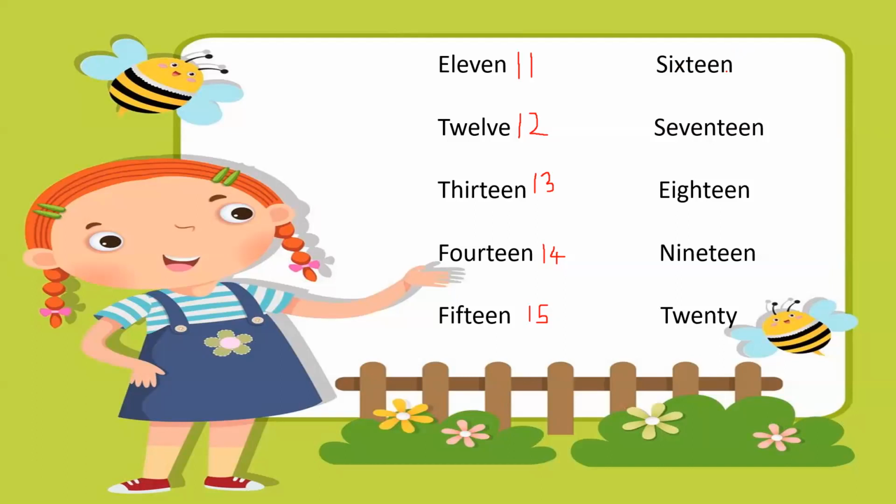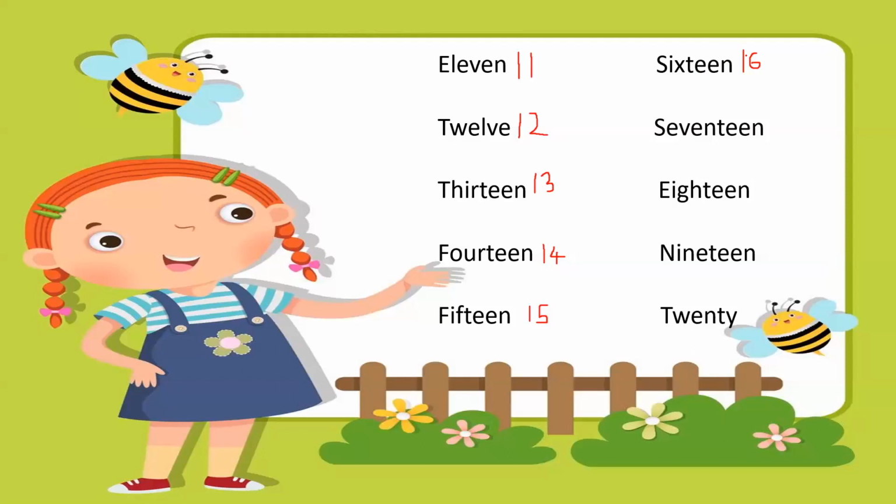S-I-X-T-E-E-N. 16. Come on, good girls and boys here in my class. Start writing. How to write the number 16? 1, 6, 16. S-I-X-T-E-E-N. This is very easy. In the exam, either they will give you the number and tell you to find out the number name, or number name will be given and they will tell you to write the number.